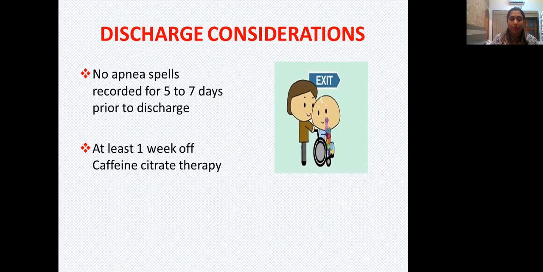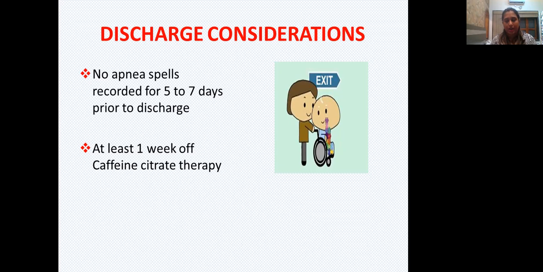Mechanical ventilation can also be given in babies who have intraventricular hemorrhage. In that case, nasal CPAP is not going to do much, and such babies will have recurrent episodes of apnea and hence might do better on mechanical ventilation.